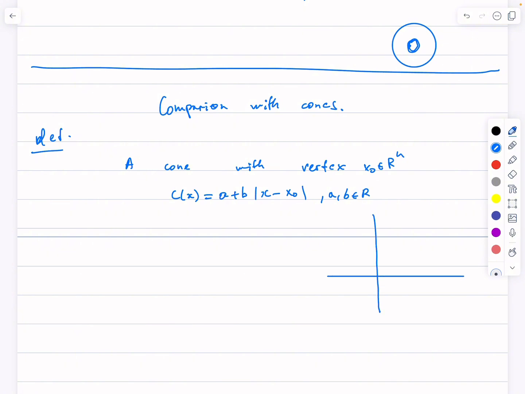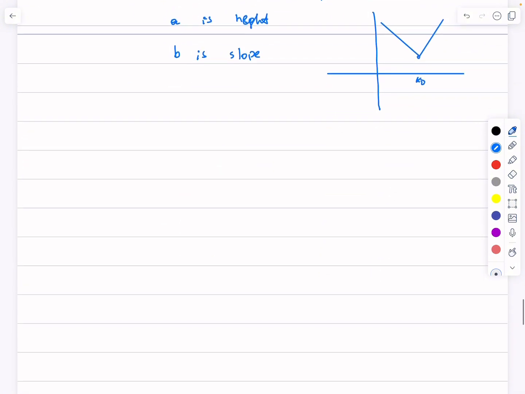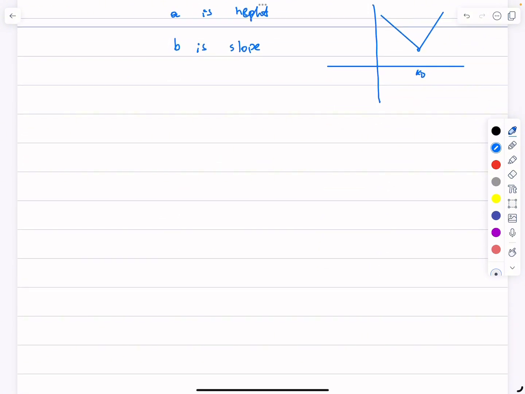For example, we have some x0 and a, b. This is like the formula of the absolute value. Here a is the height, like this one, and b is the slope. Okay, this was the definition of a cone.